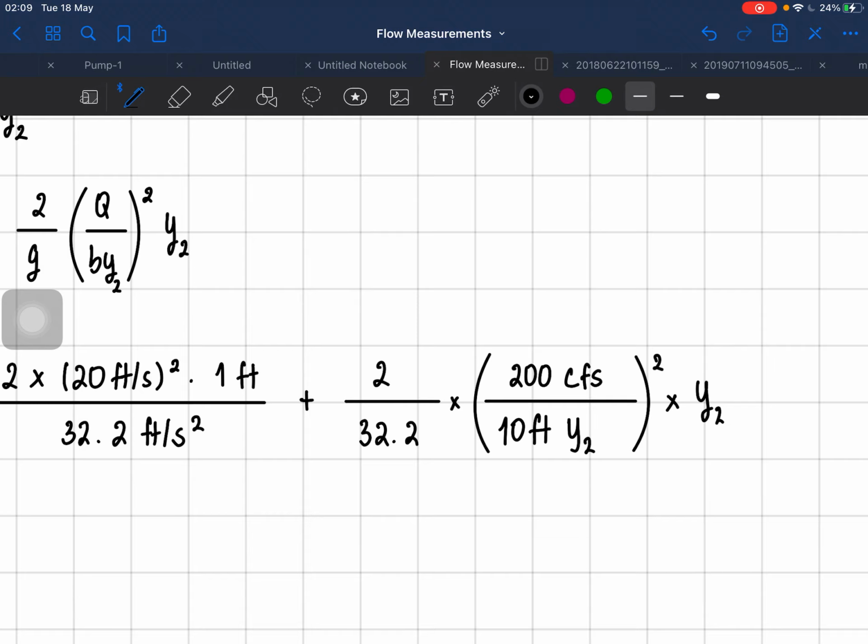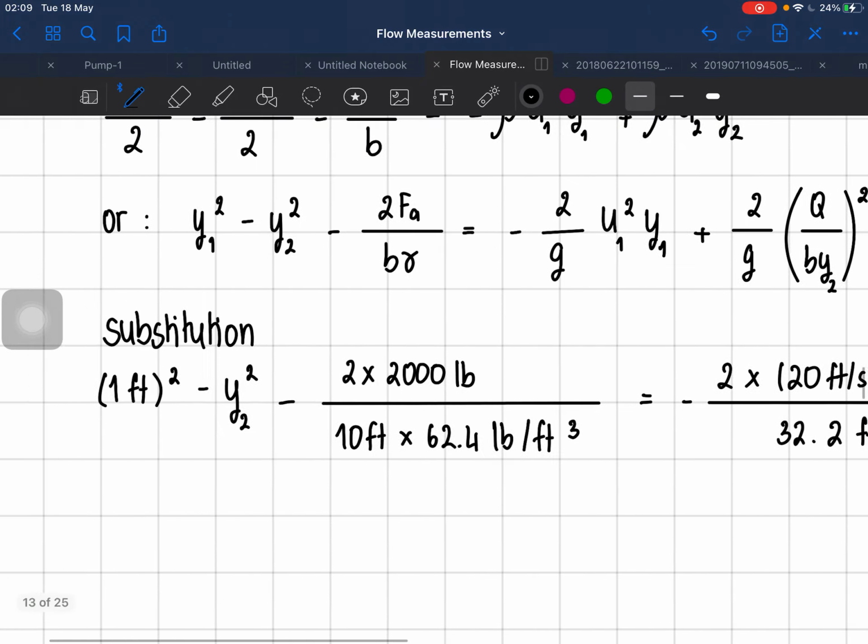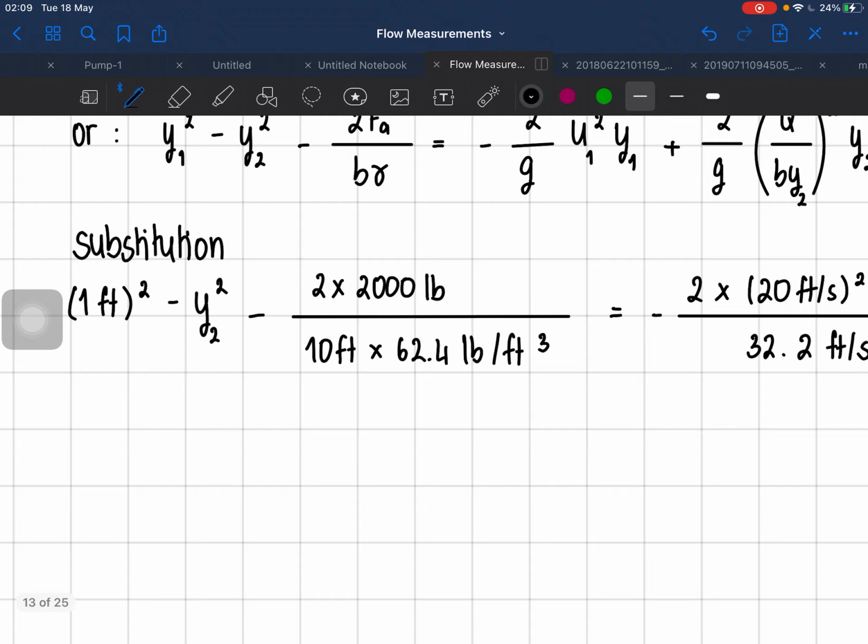So now let's compute all the possible numbers that we can compute. We have the terms here that we can compute right away. 2 times 2,000 over 10 times 62.4 gives 6.4102.